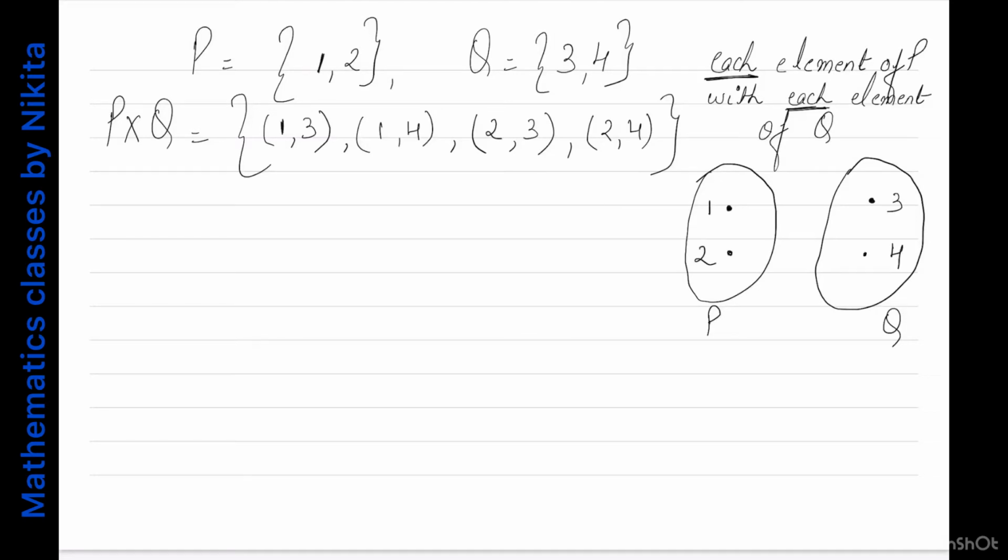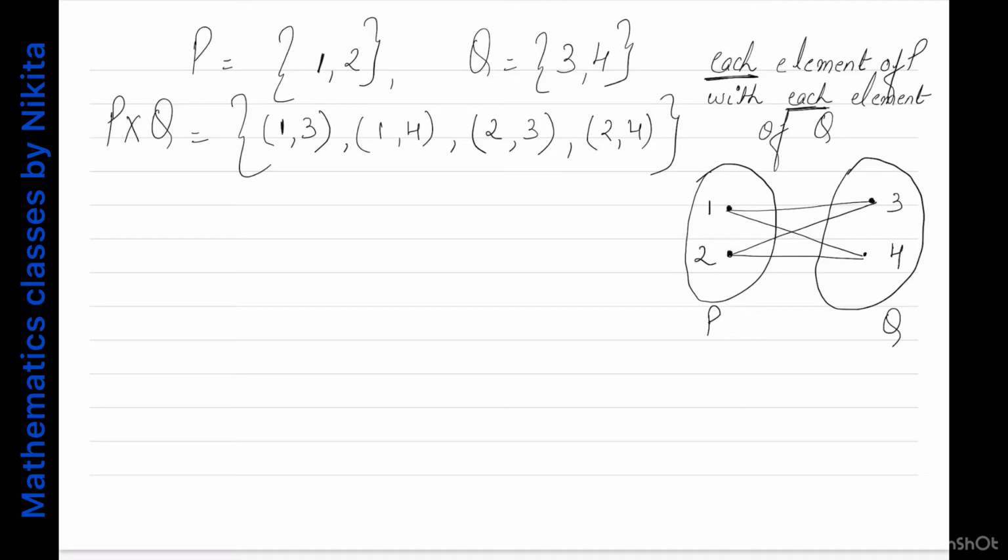You have to associate each element of P with each element of Q. तो 1 को पहले मैंने 3 के साथ एसोसिएट करा, फिर 4 के साथ, फिर 2 को 3 के साथ और फिर 4 के साथ. So this is just for your understanding, for your visualization.